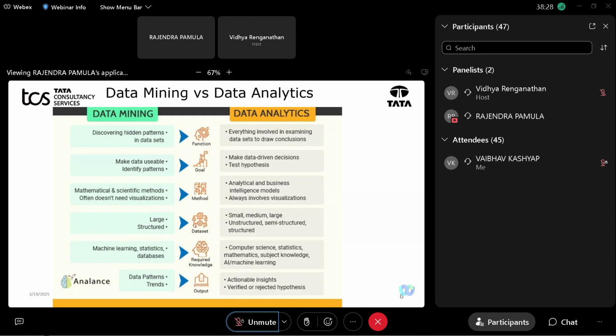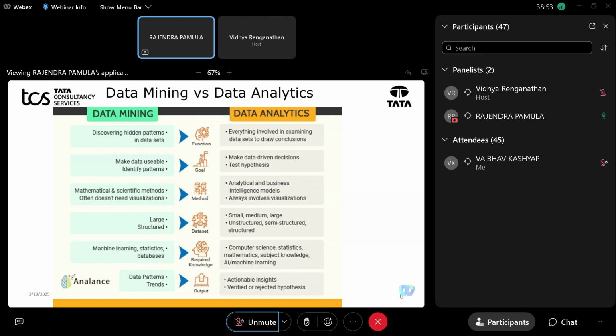Right? So what is required for using data mining is some learning techniques. How we have to learn to find the hidden patterns, that is the machine learning technique, and statistics and databases.